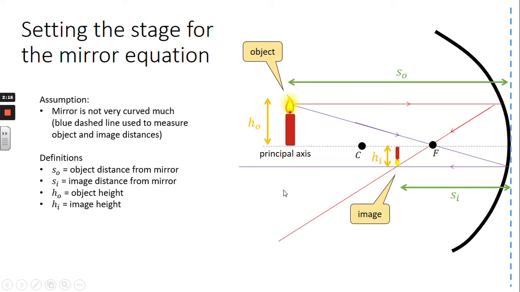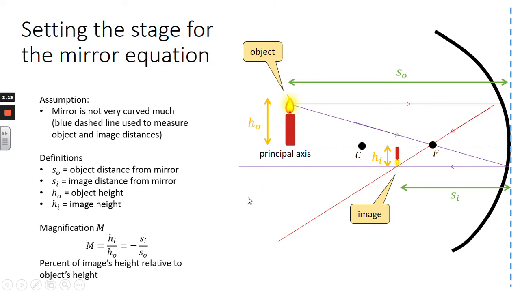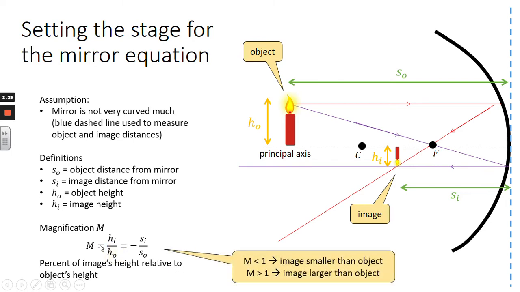And our last definition here is magnification. So this is a new concept. Capital M is our symbol for magnification, and it is the ratio of the image height to the object height. So we think about it as a percentage. Ignore the last part here, just look at the first part of the equation. If your image ends up being taller than your object, that's a magnification bigger than 1.